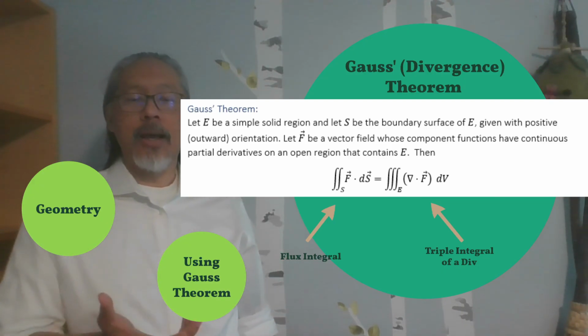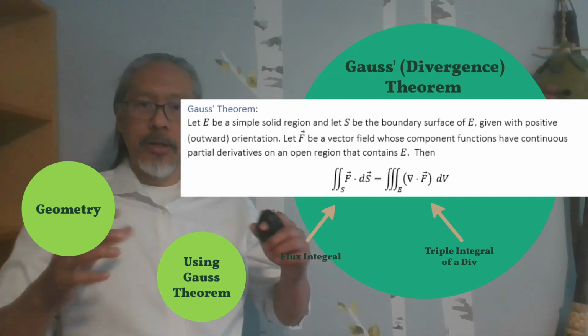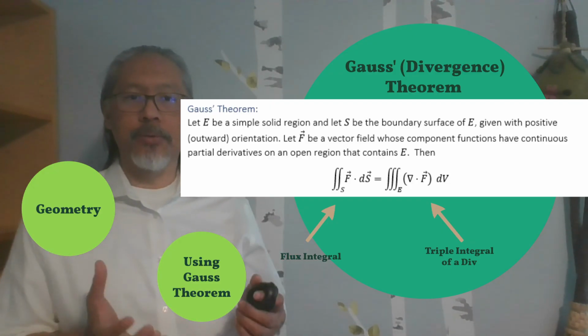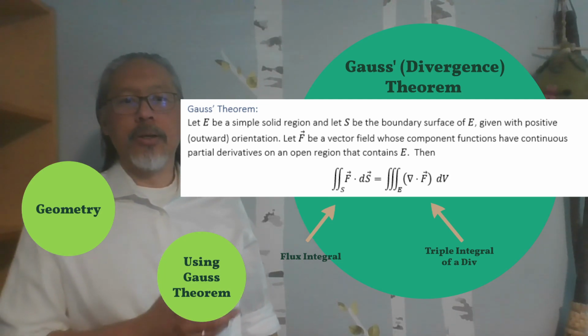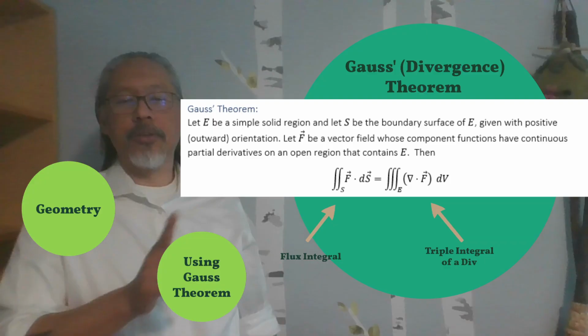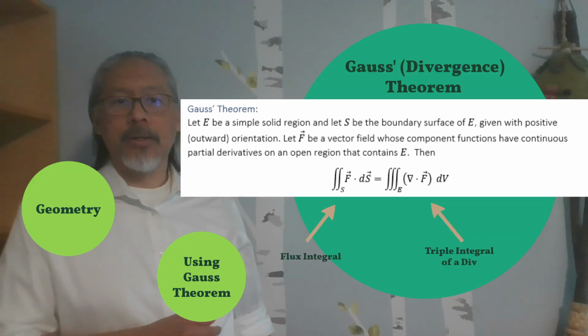So S is going to have to be a closed surface that's going to encompass your three-dimensional region E. And then you're going from a divergence to the original function. All right, so that's Gauss's theorem.